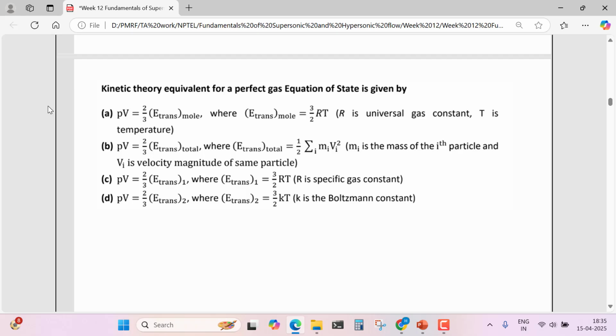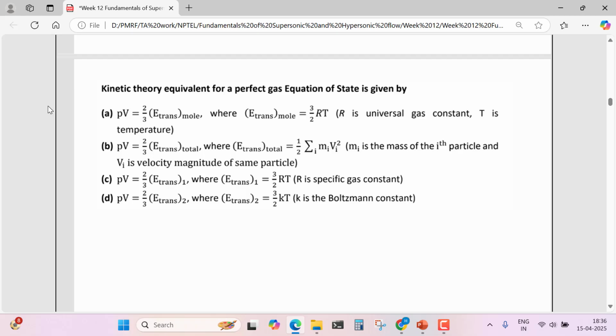Now we'll see the next problem. The kinetic theory equivalent for a perfect gas equation of state is given by option A, PV equal to 2 by 3 E translational mole, where E translational mole equal to 3 by 2 RT. R is the universal gas constant and T is the temperature.